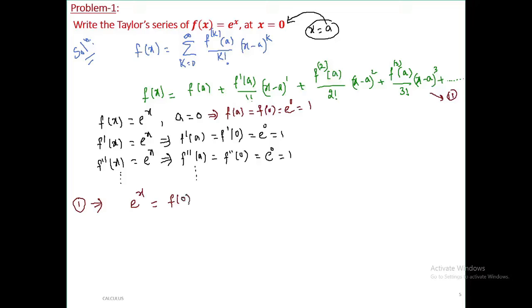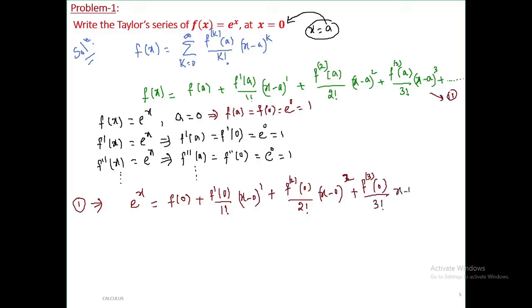So f at 0 plus f dash at 0 by 1 factorial into x minus 0 whole power 1, because a is 0 I am substituting, and f double dash at a, which is 0, by 2 factorial into x minus 0 whole power 2, sorry, plus f triple derivative at a, that means 0, by 3 factorial into x minus 0 whole to the power of 3 plus up to so on.